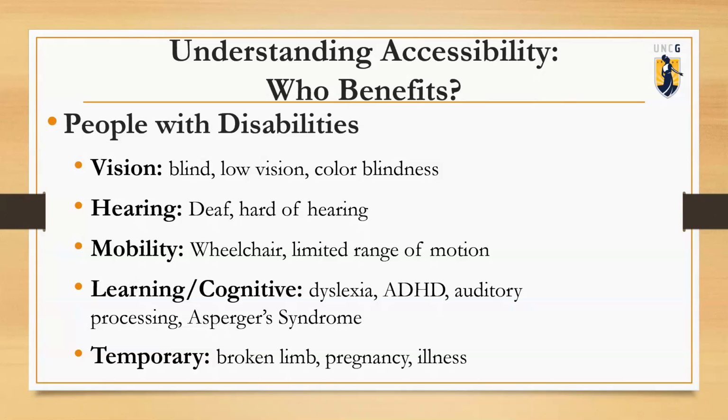And it also includes those who maybe have a broken limb, maybe there's a pregnancy, an illness of some sort that would cause them to have a disability for a temporary period of time. So each of these categories can be affected by inaccessible content in an online course.